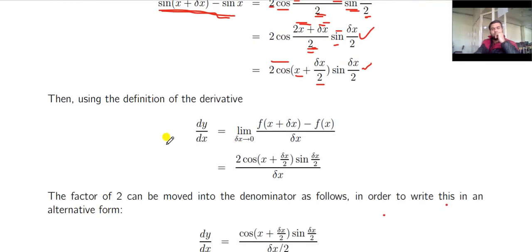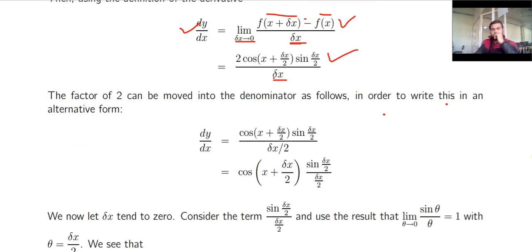Now we write the formula of first principle of differentiation, that is dy by dx is equal to limit del x tends to 0 of f(x plus del x) minus f(x) divided by del x. This portion we have solved and we got this. So we write here divided by del x. The 2 from the numerator comes to the denominator and becomes del x divided by 2.